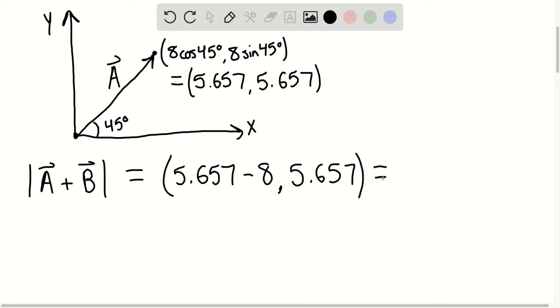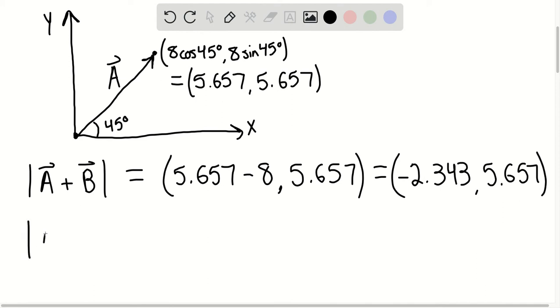And so this is giving us negative 2.343, comma 5.657. And so to find the magnitude, we simply take the square root of the sum of the squares.